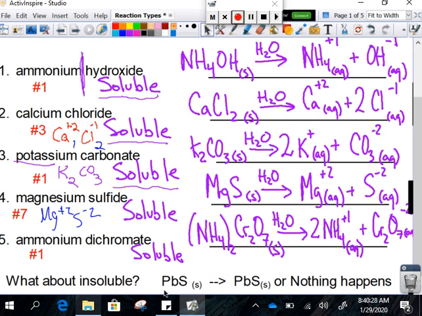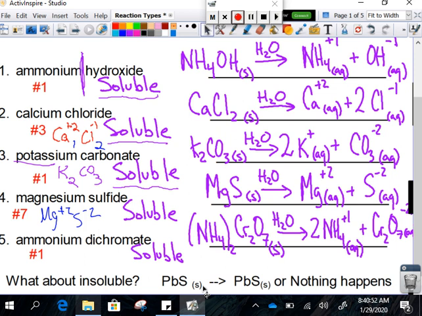This one's insoluble. Lead sulfide is insoluble if you look at the rules. Oh, there it is. And therefore nothing happens. So I wrote lead sulfide becomes lead sulfide. It's solid before, it's solid after. Or you could just write nothing happens. Those are the easy ones, aren't they, if they're insoluble.